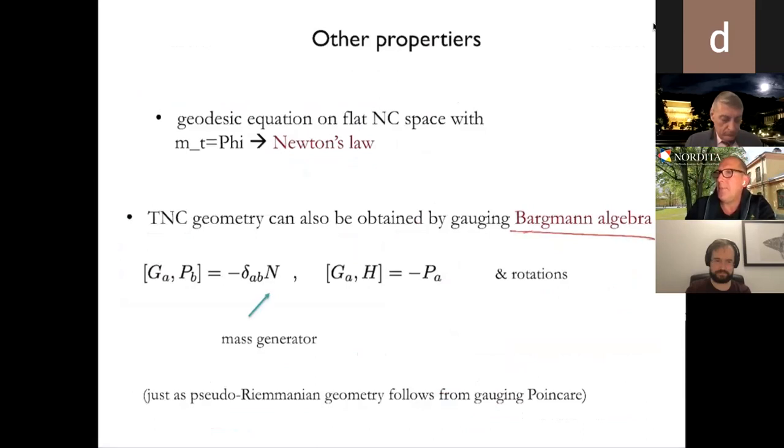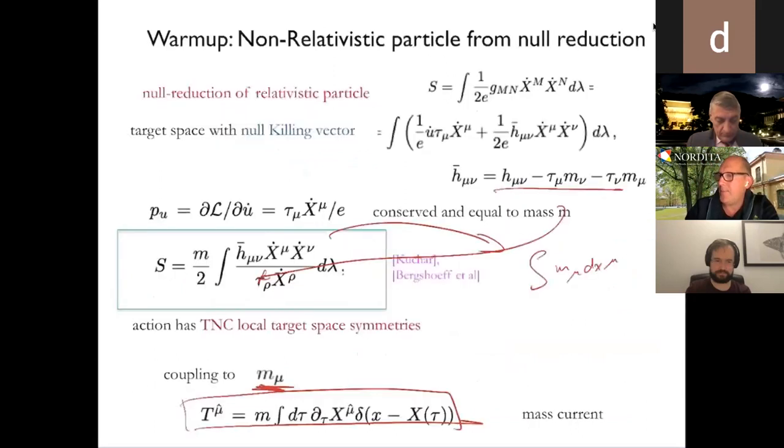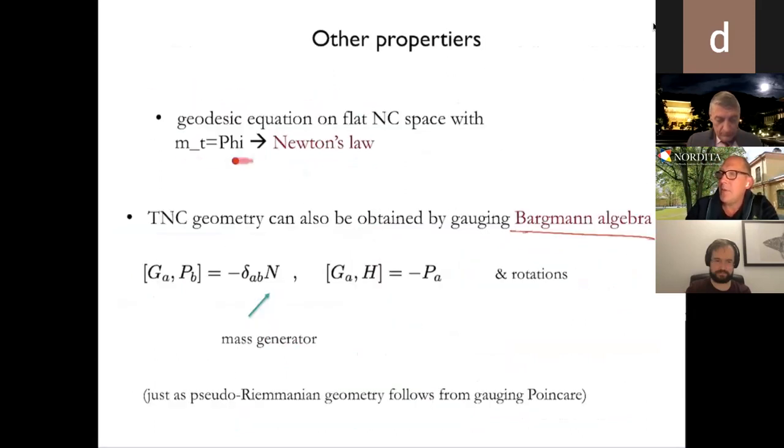So it has boost, translations, Hamiltonian, and here this mass generator, which is the generator dual to the gauge field mu. And this gauge field mu, essentially its time component has the interpretation as Newton's potential phi.